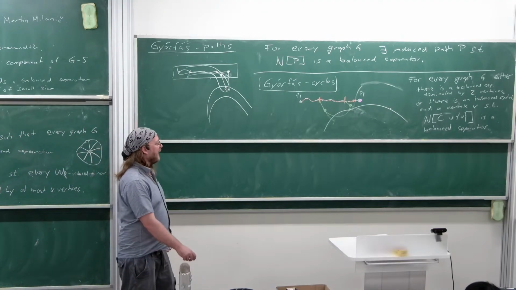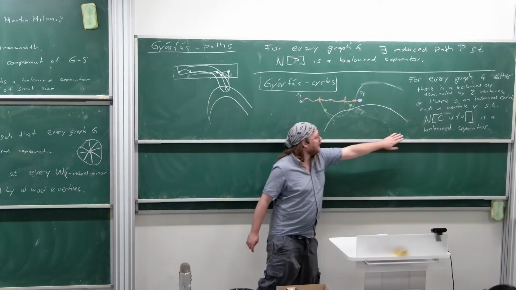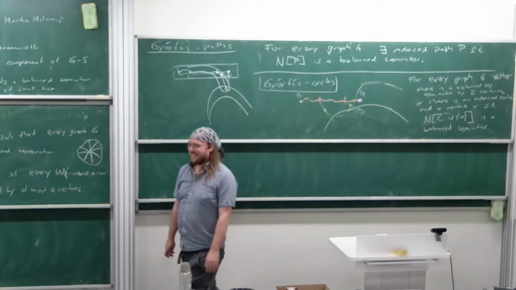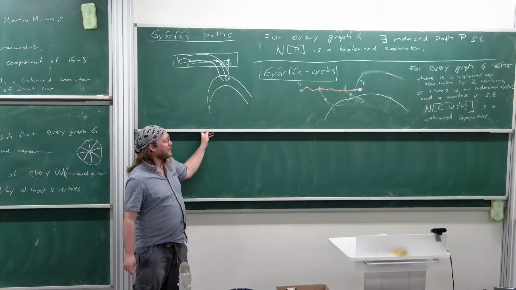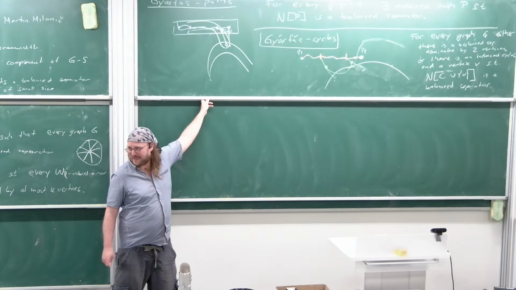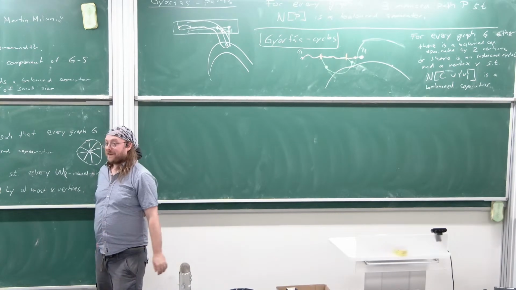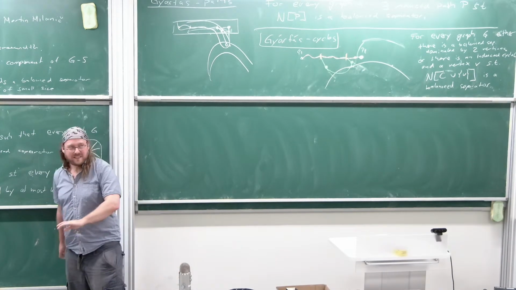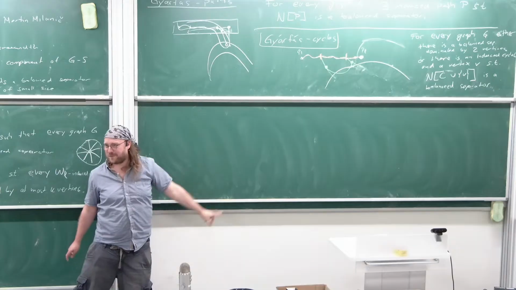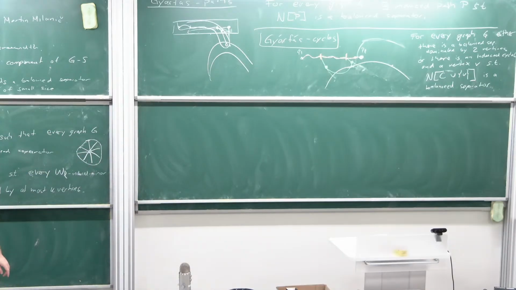I didn't want to lie with the statement, though I glossed over some proof details. So far we didn't use any wheel-induced-minor-freeness. Correct. This is true for every graph. That's why I wrote for every graph.